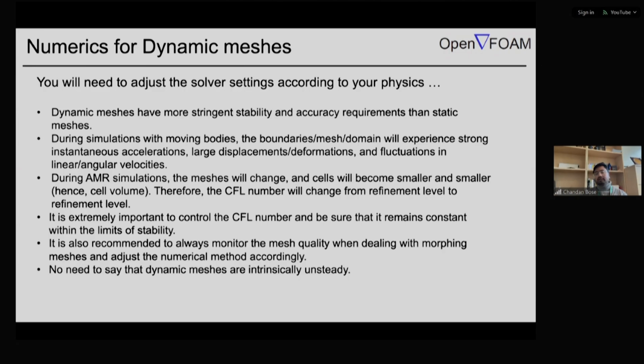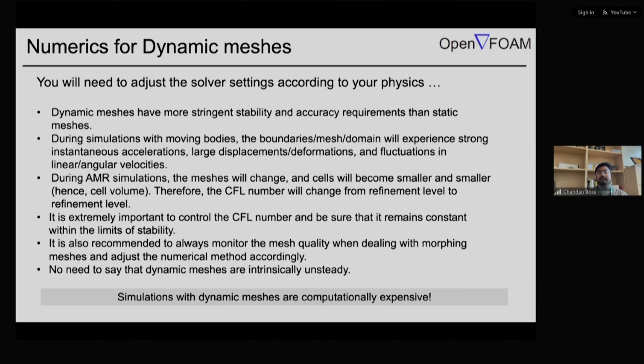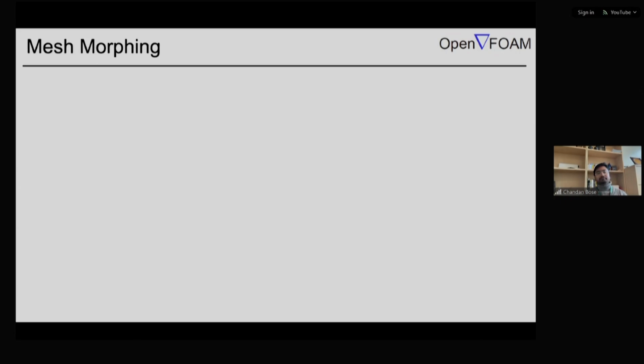And of course, you can imagine intuitively that dynamic meshes are intrinsically unsteady. So we have to take care of the unsteady conditions of our CFD schemes. And they are computationally very expensive. So I think this gives you a kind of big picture of how these moving mesh problems are different compared to the problems that you have done with static meshes.